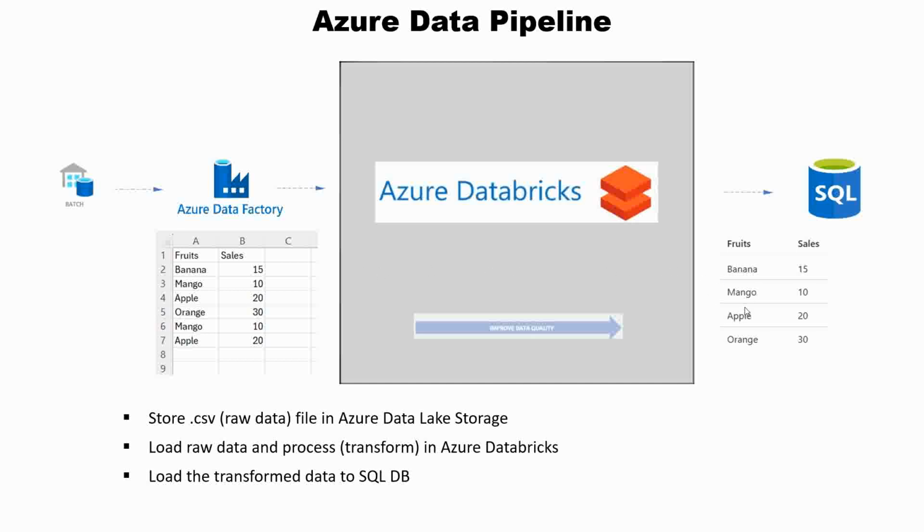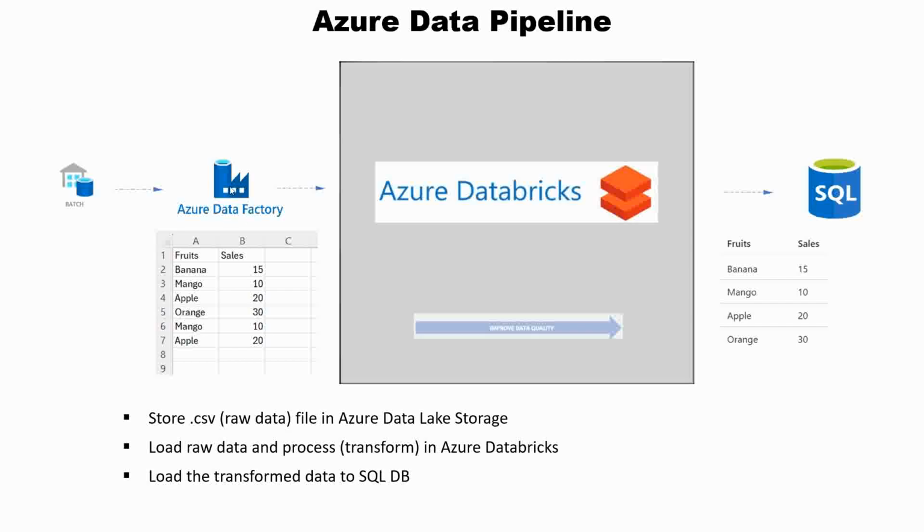But we want this data to be in an SQL DB or in Power BI or in any of the tools where we can view that data, in graphical representation or in a viewable state. That's what we're going to take care of in this video. For that, we will make use of Azure Data Factory.